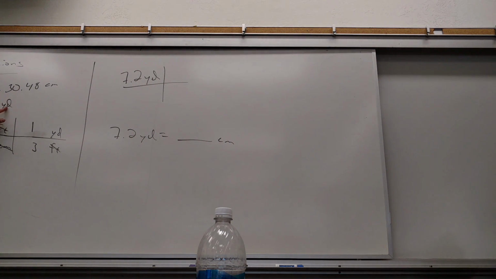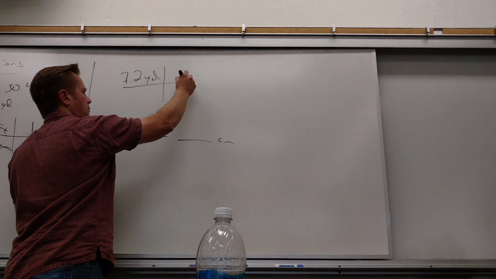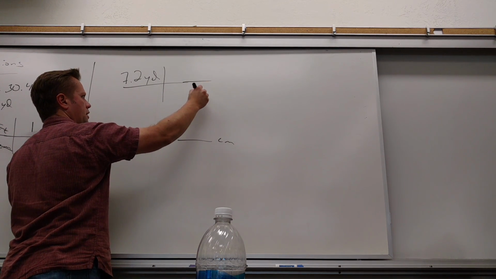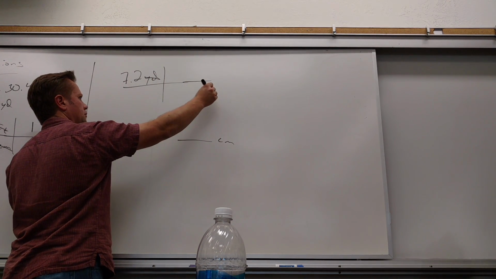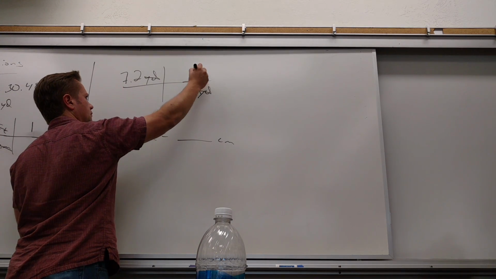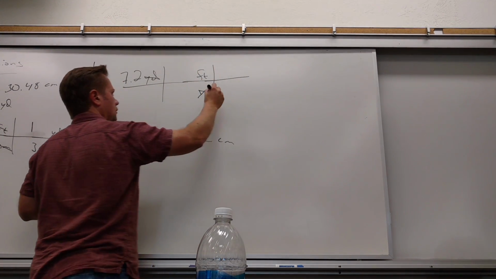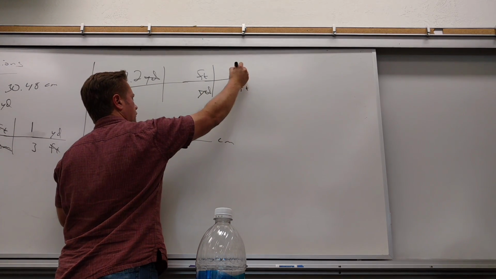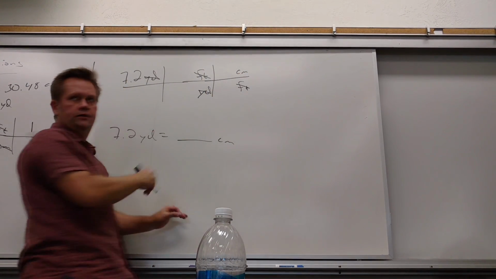I can go from yards to feet, and then feet to centimeters. So where do I want to put yards, on the top or on the bottom? On the bottom, so that they'll cancel. So I go from yards to feet. And then where can I put feet? On the bottom again, feet to centimeters, so the feet will cancel.